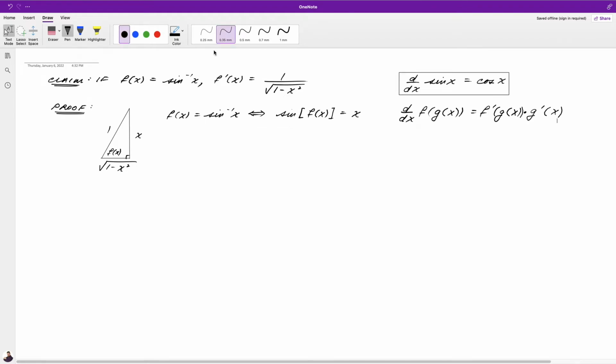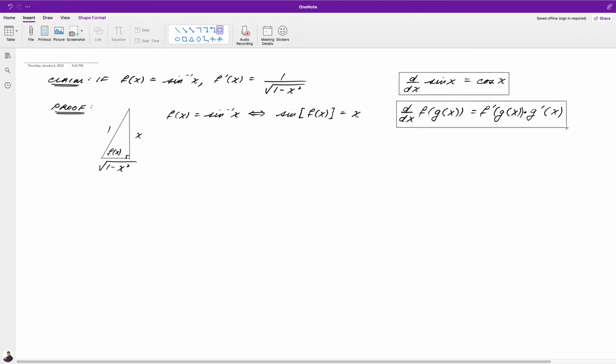That's, of course, the chain rule, and we're going to be using this rule as well today. So both of these proofs are available in other videos, so feel free to access those if you so desire. So I'm going to be using implicit differentiation here.